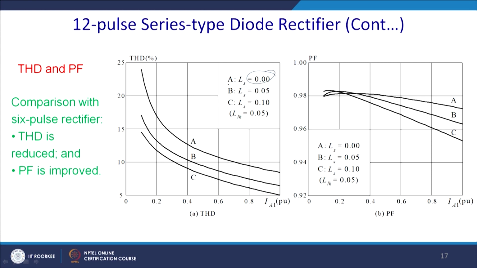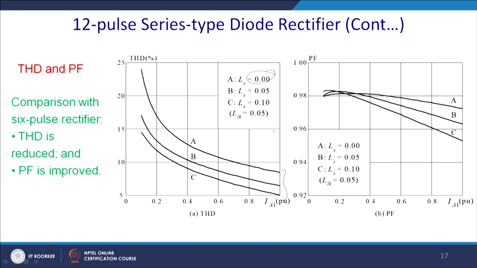While source inductance is 0, which is most unlikely, the THD comes close to 8%, as mentioned in the previous slide.